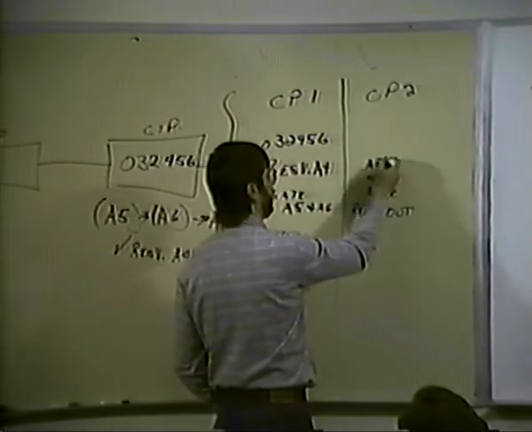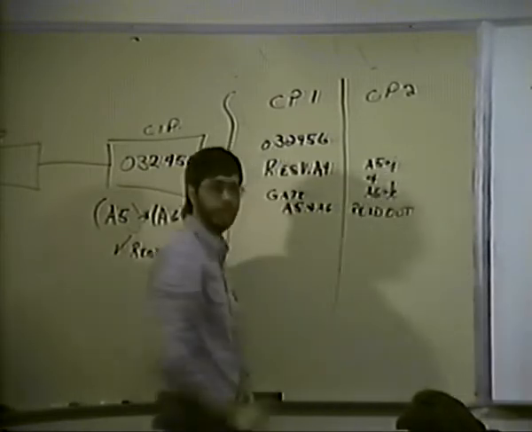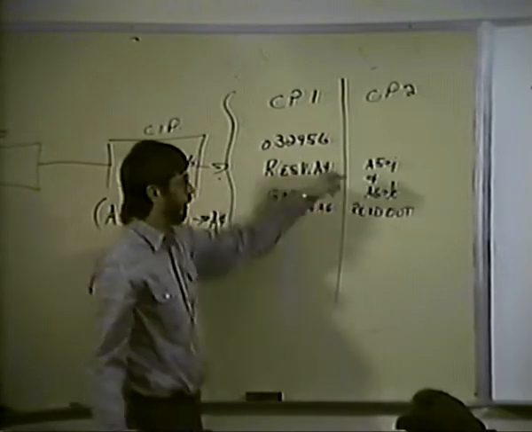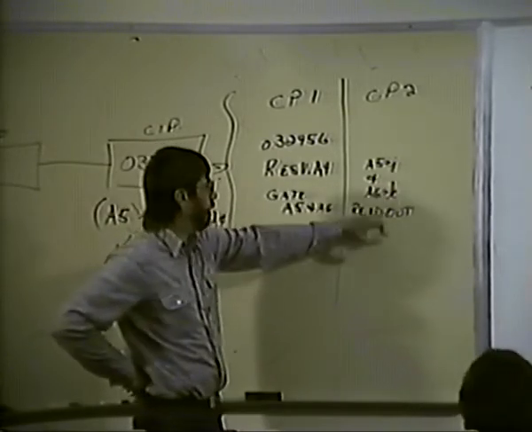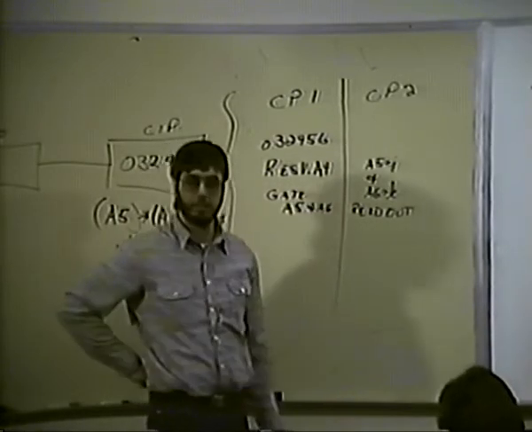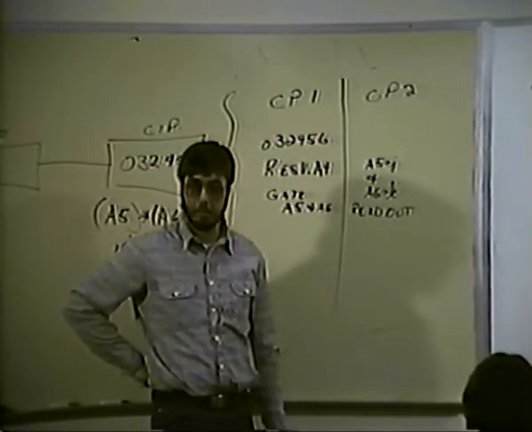A5 is going into the J readout, A6 into the K readout, so the registers are loaded now with the data that was in A5 and A6, whatever that data was. Okay?